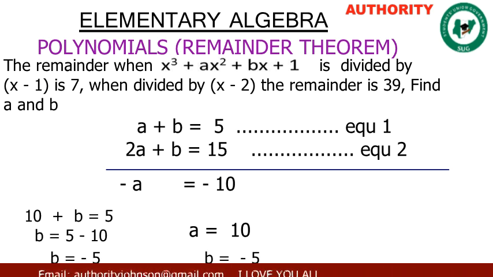So we're going to have 10 plus b is equal to 5. So we have b is equal to 5. We take 10 to the other side to be minus 10. So b is equal to minus 5. Yes, we have solved this. We obtain a value for a is equal to 10, and then b is equal to minus 5.